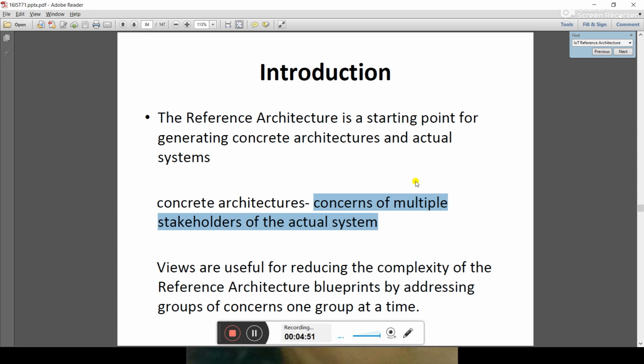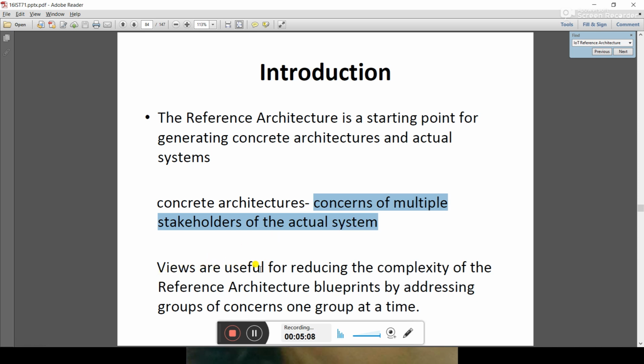So the point is how many stakeholders there are, and what their roles and responsibilities are for the particular industry of an IoT system.